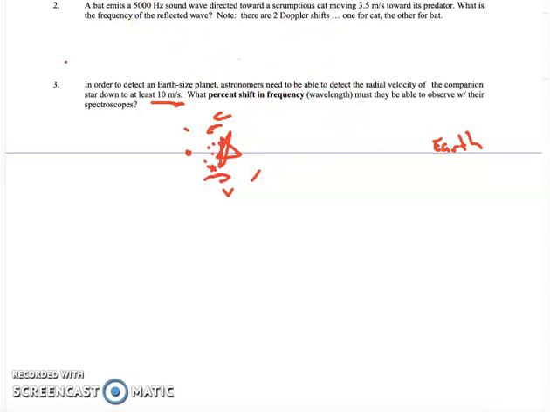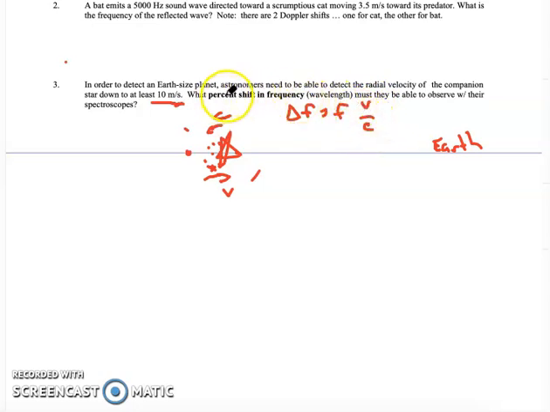So in order to solve this problem, we don't have to use the first two equations for a Doppler shift, because we can use an approximation where the speed of the object is tiny compared to the speed of the wave. In other words, we can use the last equation we wrote, that says delta f equals f times v over c. The v in this case is the speed of the object, and c is the speed of the wave, in this case the speed of light.